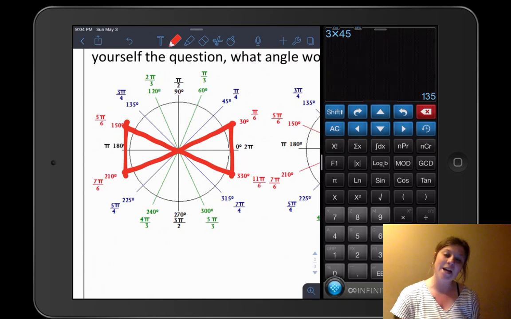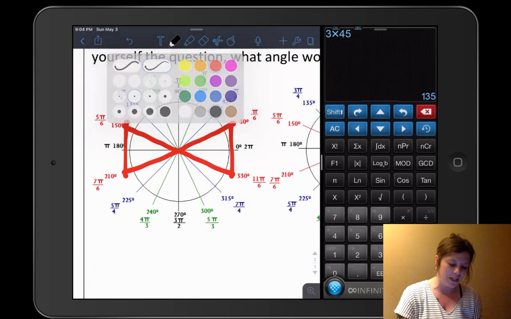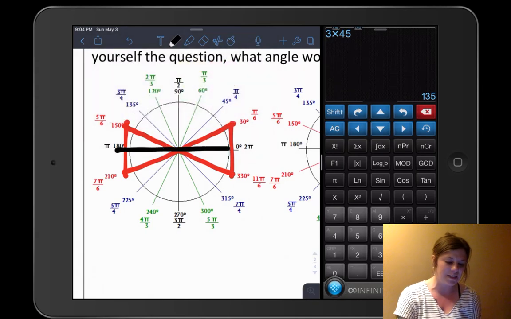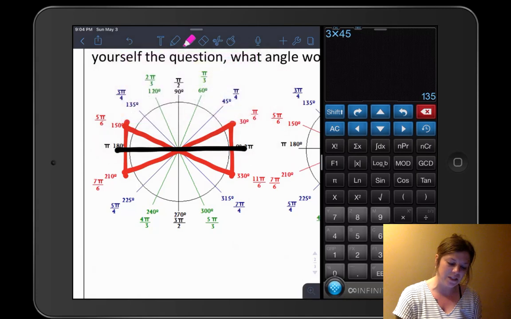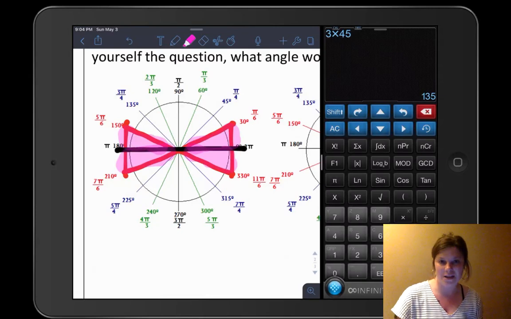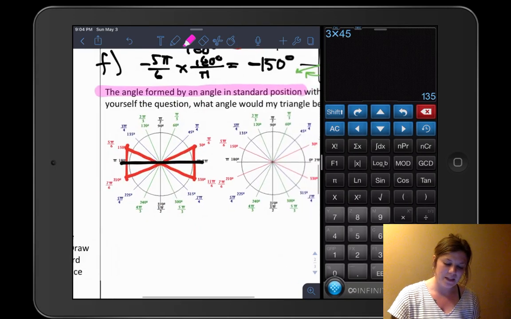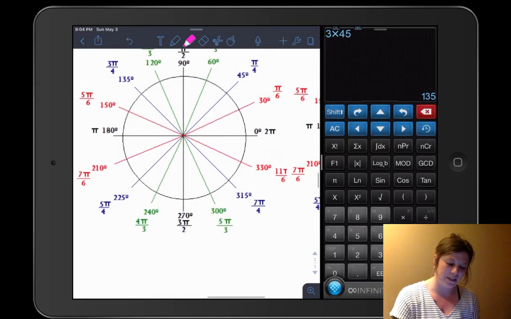That pattern is really cool, because if we're looking at it in terms of the x-axis, every single one of these triangles, this one, this one, this one, and this one, are exactly the same triangles. Okay, let's take a look at the next pattern. The next pattern happens with the blue lines here.